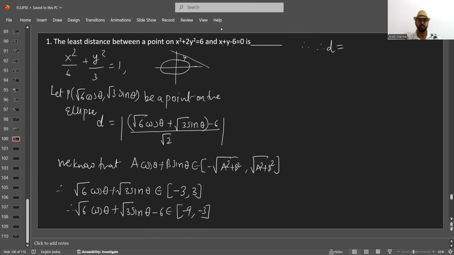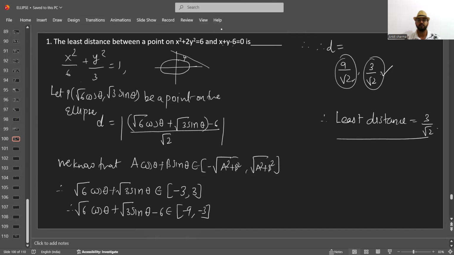So this is going to be 9 by root 2 and 3 by root 2. We want the least distance, so we can see from here that the least distance would be 3 over square root of 2.